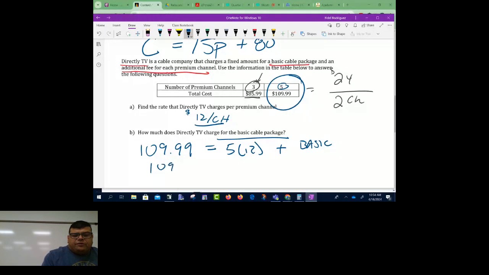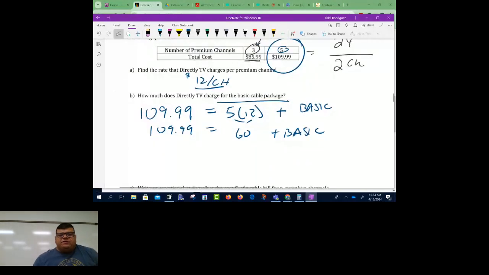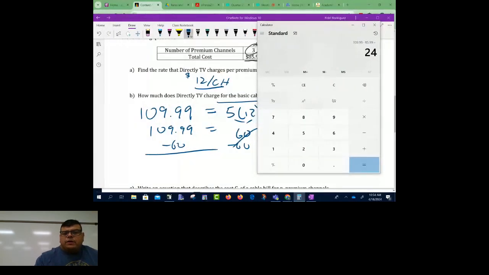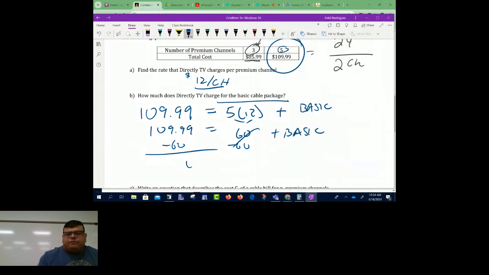So I could say, look, this is $109.99. 5 times 12 is 60 plus my basic fee. Okay. And then I could say, look, I just need to subtract 60, right? So y'all, I'm going to take 109.99 minus $60. Okay. That's $49.99. That's what my basic fee is, right?